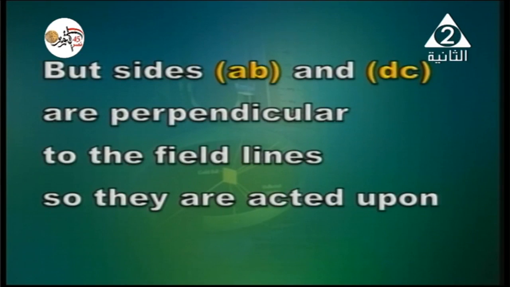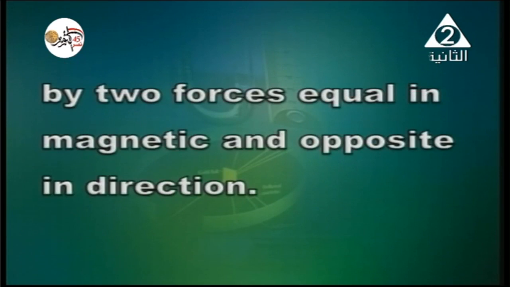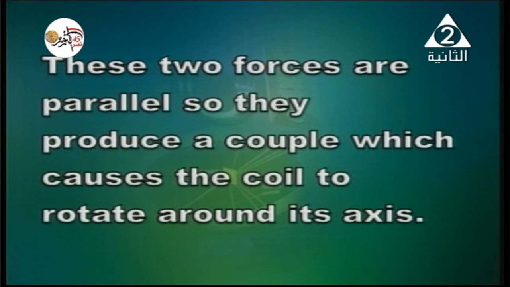But sides AB and DC are perpendicular to the field lines, so they are acted upon by two forces. And what about the two forces? They are equal in magnitude and opposite in direction, and they don't have the same line of action. These two forces are parallel, so they produce a couple, which causes the coil to rotate around its axis.